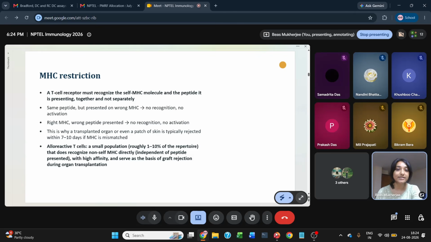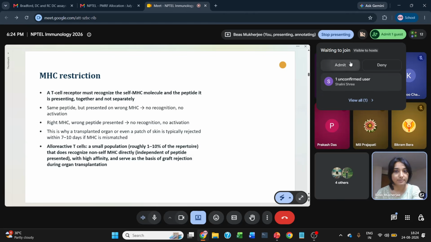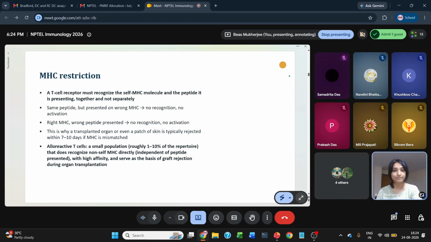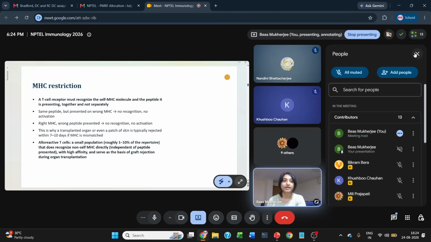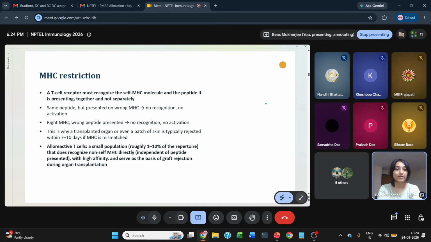Now there is something known as an alloreactive T cell. So what is this alloreactive T cell? There is a small population, roughly 1 to 10% of the repertoire, that does recognize non-self MHC directly, independent of the peptide presented, with very high affinity, and serves as the basis of graft rejection during organ transplantation.